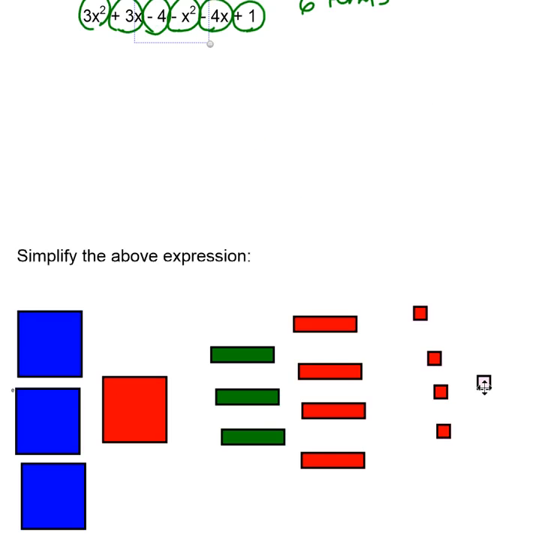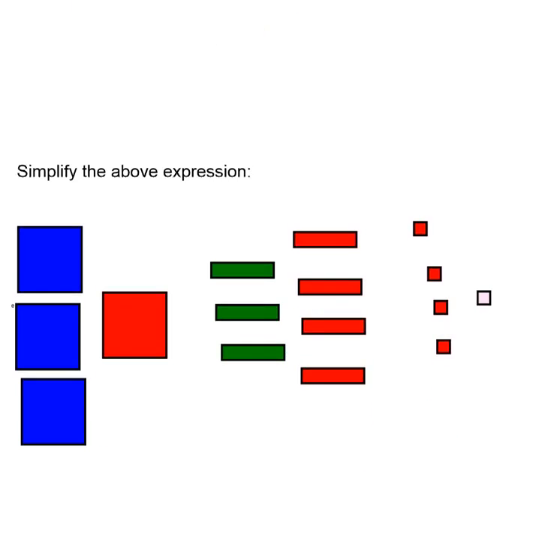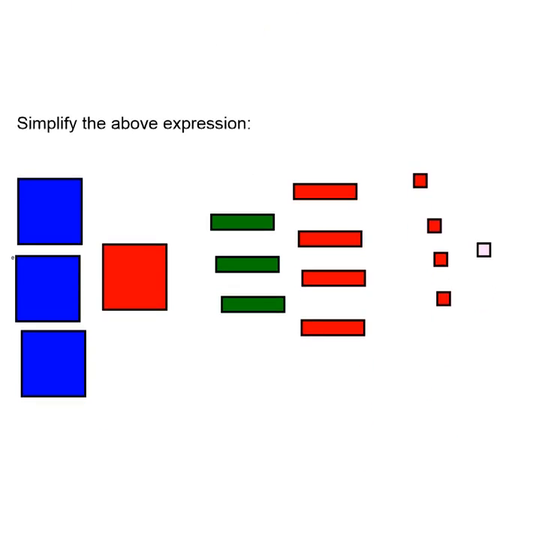So I haven't actually changed the expression, I've just changed the order. Now I have 3x squared take away 1x squared, plus 3 x's, take away 4 x's, minus 4 1's, adding 1 1. Now I can simplify.